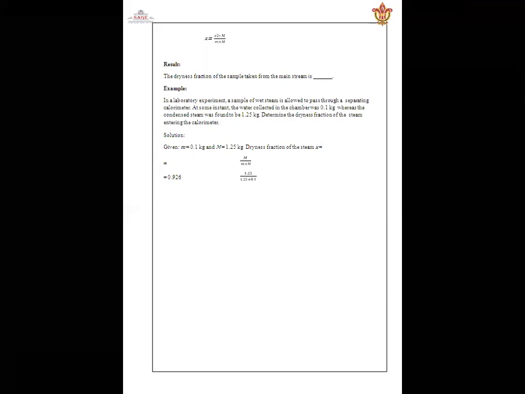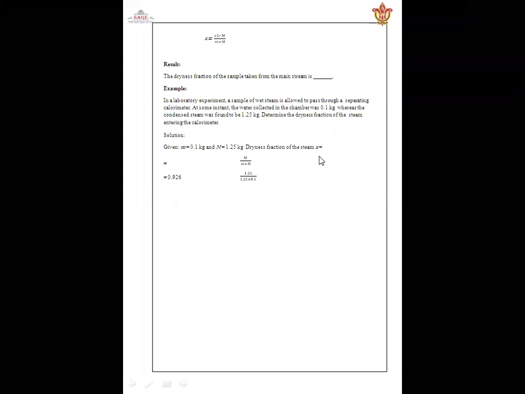So there are a number of parameters given. 0.1 is the mass of the water, small m, and capital M is the mass of the condensed steam, which is found to be 1.25 kg.